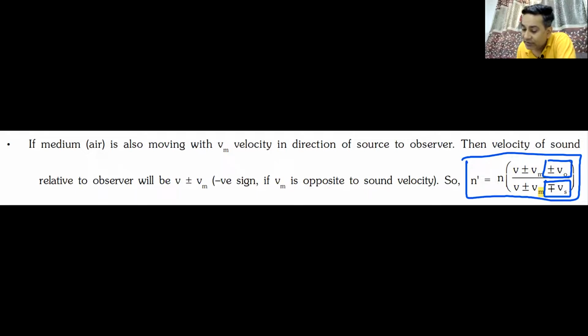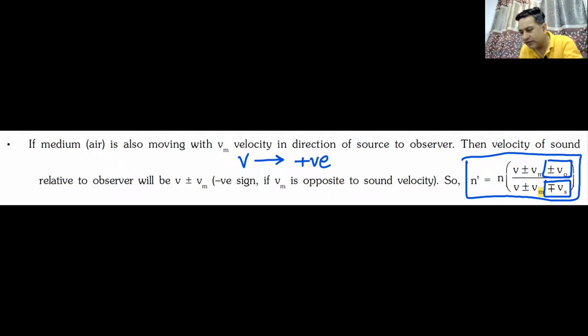Here what we have seen, we have taken the velocity of sound in whatever direction the sound is moving as positive, and then we have made this formula. What will happen is, if the source is moving in the same direction as sound, it will be taken as positive.